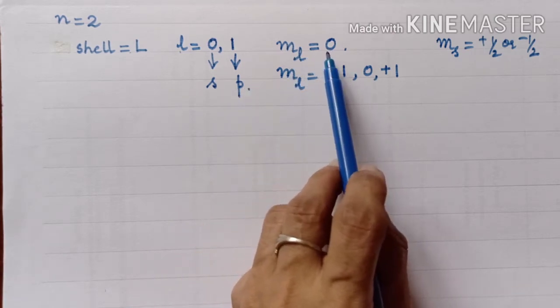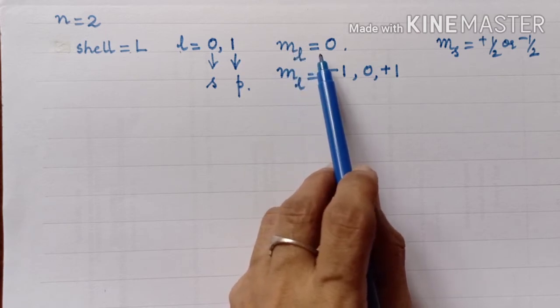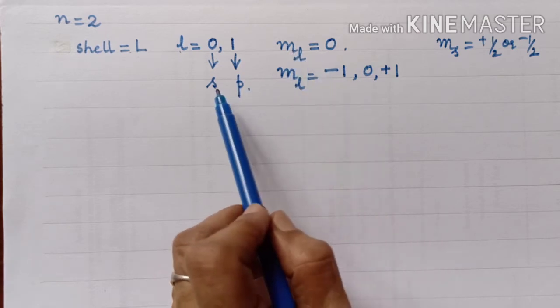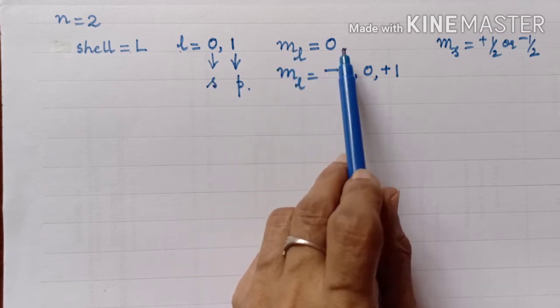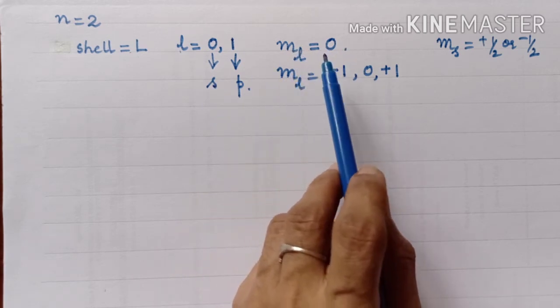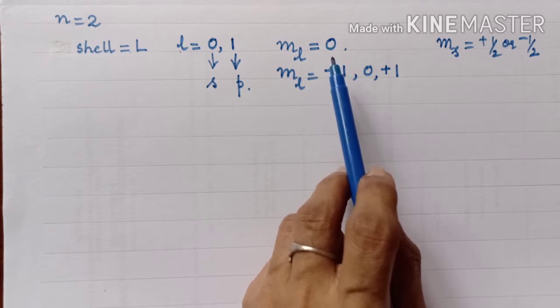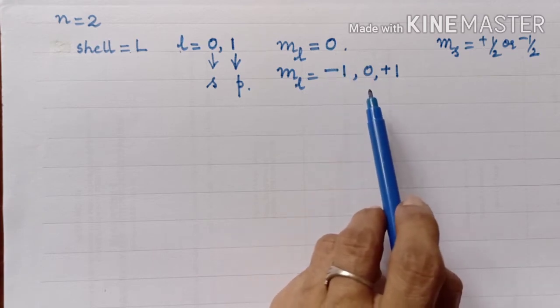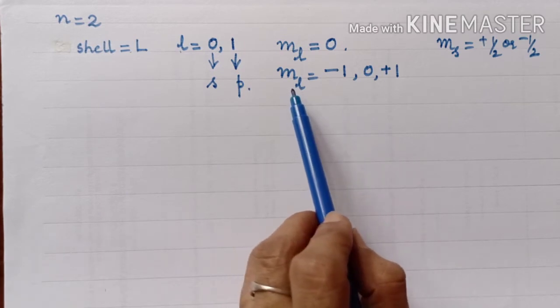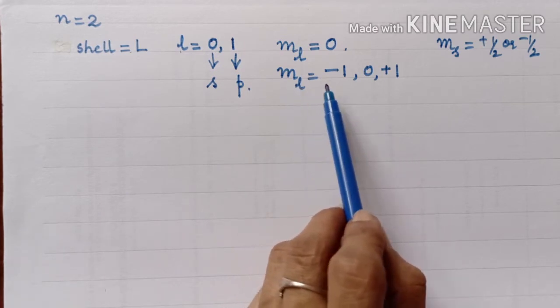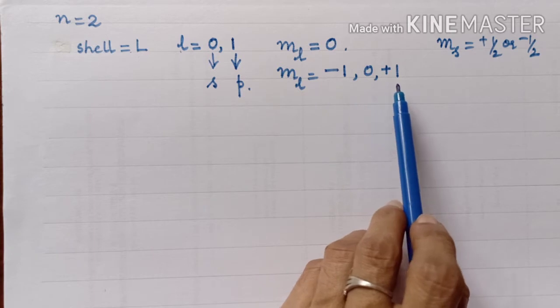ML, if it is equal to 0, it denotes that the L value is 0 and ML value is 0. It denotes that there is only one type of s orbital in this second orbit. Coming to ML is equal to -1, 0, plus 1.